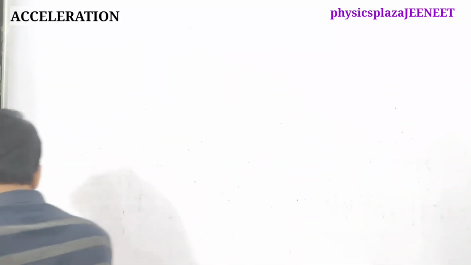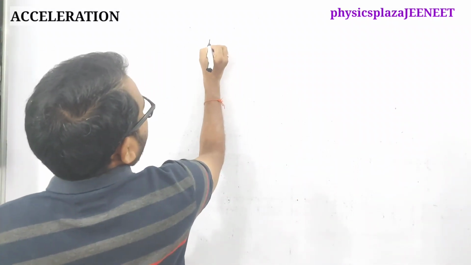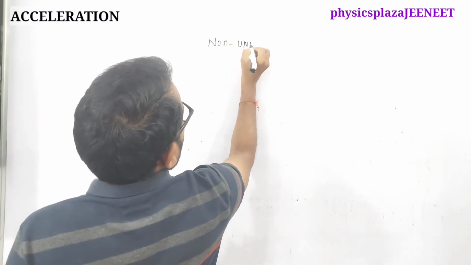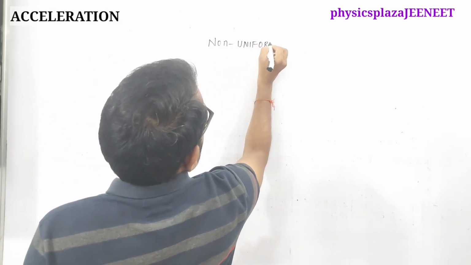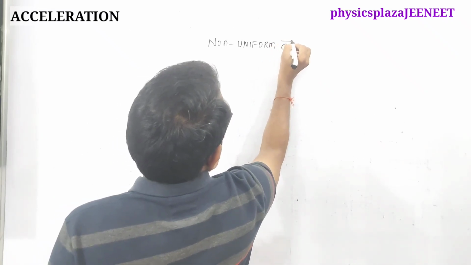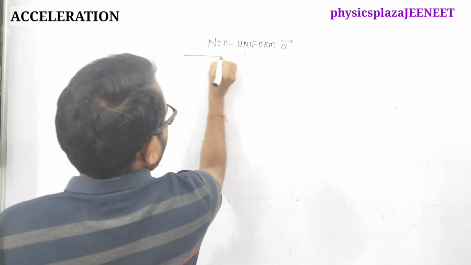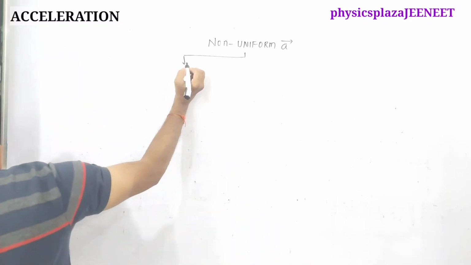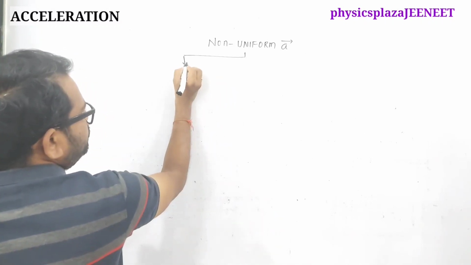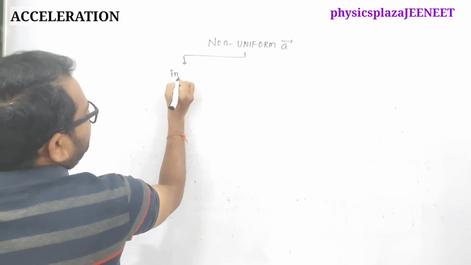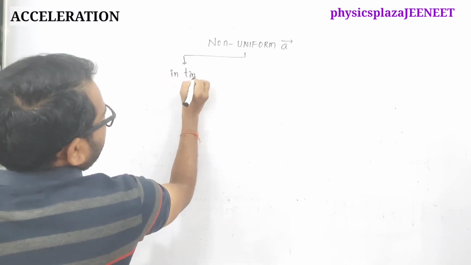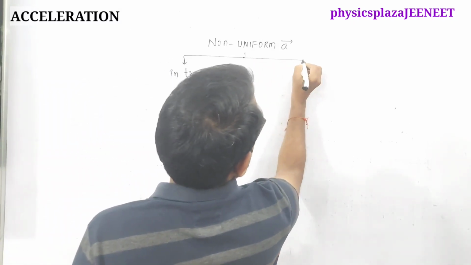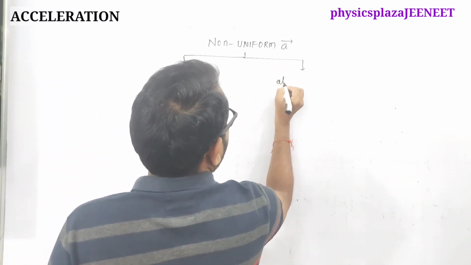So here, if an object or any vehicle is going with a non-uniform acceleration, then we can talk about the acceleration in a given time, or the acceleration at a time t.